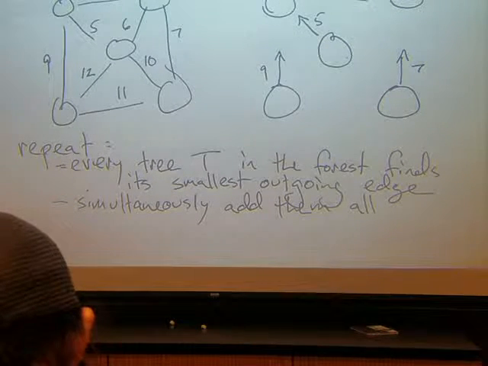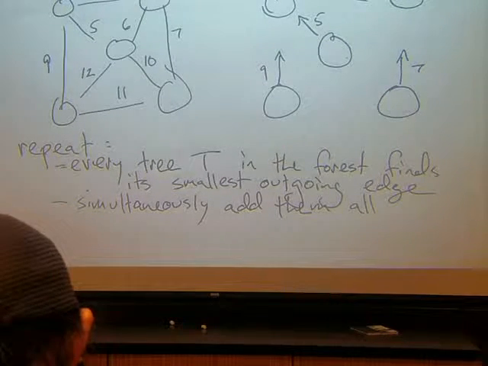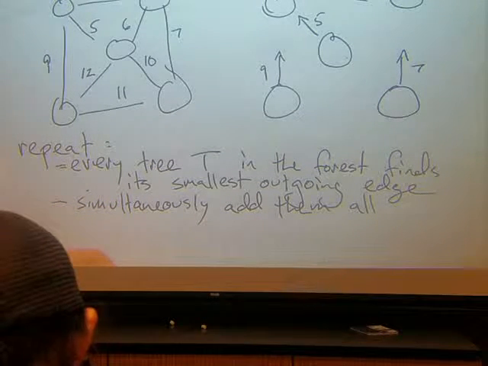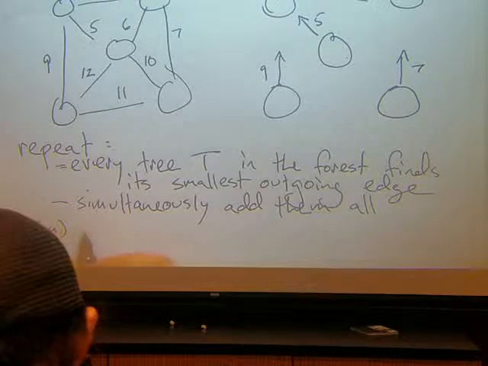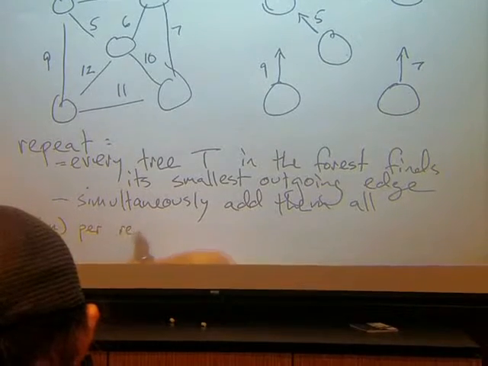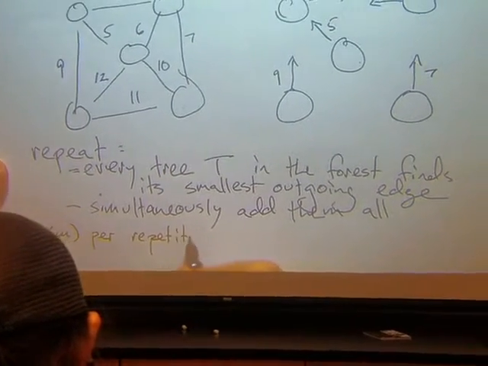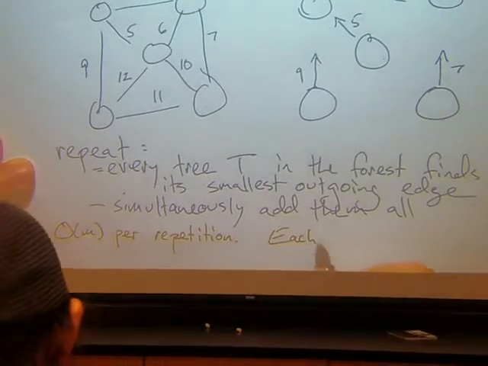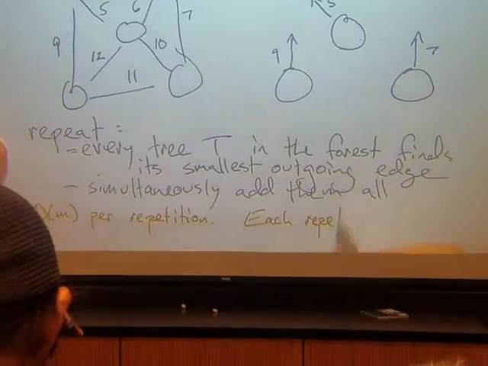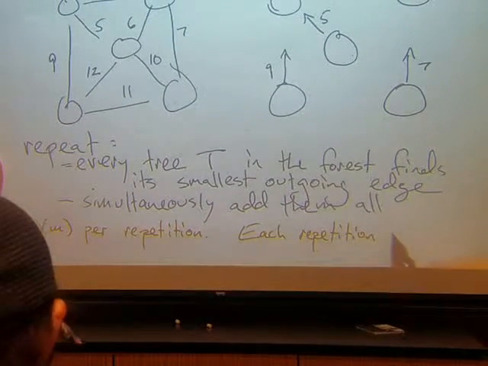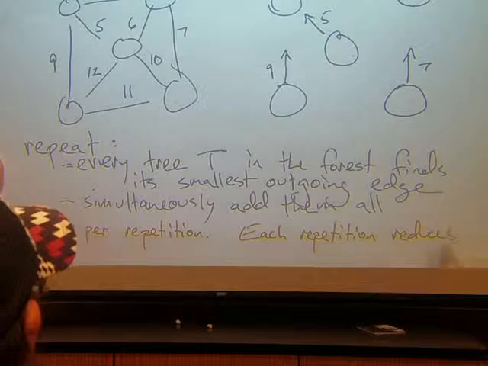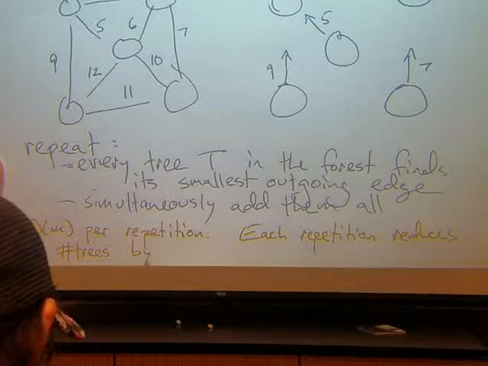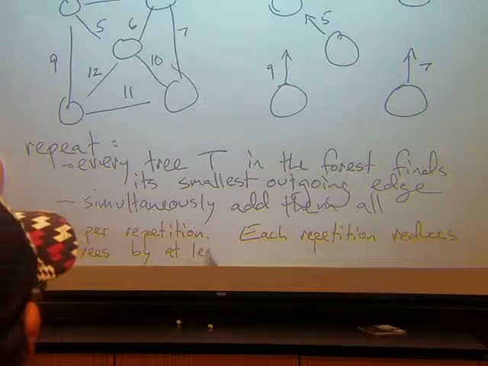So the analysis is O of m per repetition, and each repetition reduces the number of trees by at least a factor of 2.